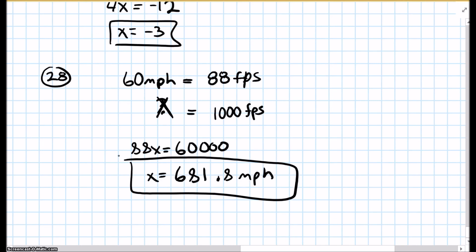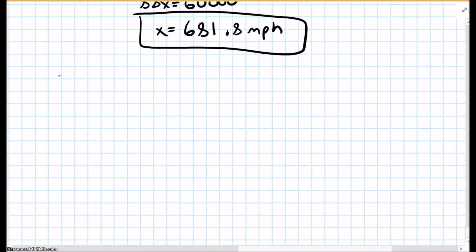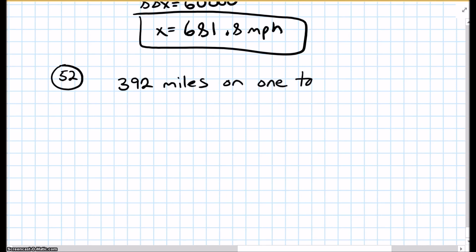There you have it. Oh, we got one last one. 52. Suppose you're driving a car and you go 392 miles on one tank. Okay. Tank holds 14 gallons, so you went 392 on one tank, which is 14 gallons.